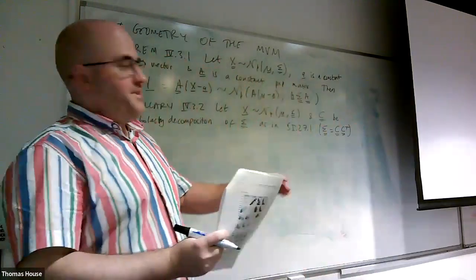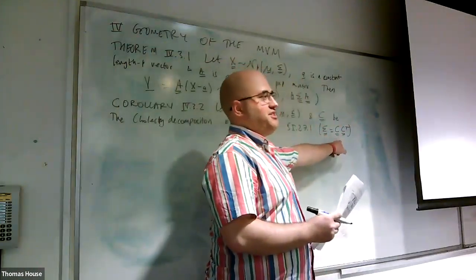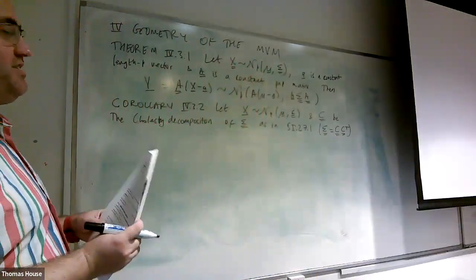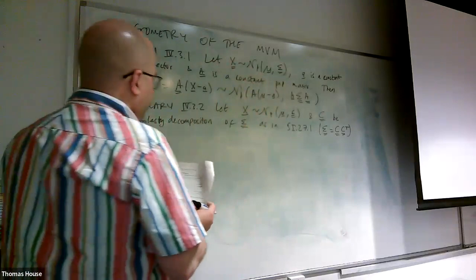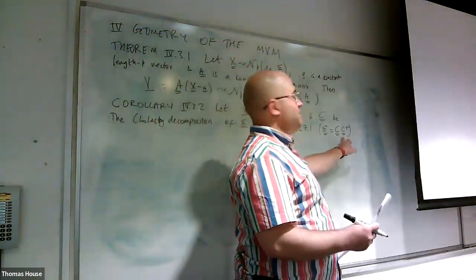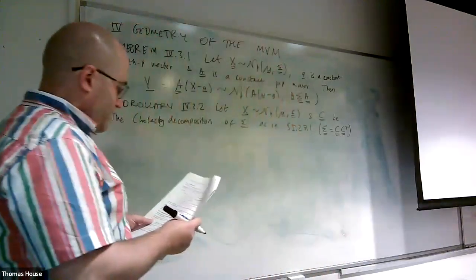Now, there are other matrices that obey this as well as the Cholesky, right? But you've always got the Cholesky and it's easy to construct. So we'll talk a little bit later about other matrices that satisfy this, okay?